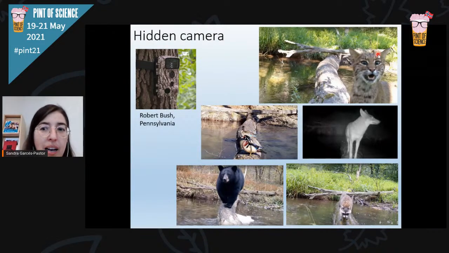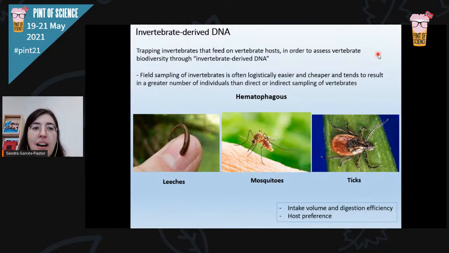Instead of using hidden cameras and waiting to see the animal passing by, you can also use other animals that feed on them. And in this, we can use all these blood feeding animals such as leeches, mosquitoes, or ticks, that if any vertebrate passes nearby, they will jump to them, feed a bit on them, and when they have had enough blood, they will come back to the plants on the floor to digest that blood and wait for the next prey.